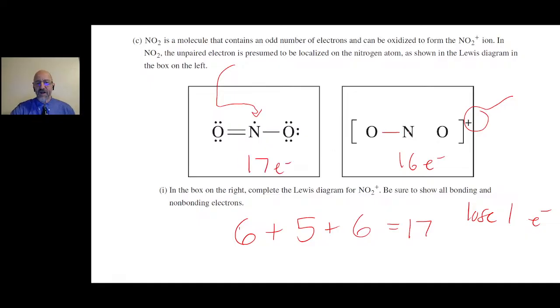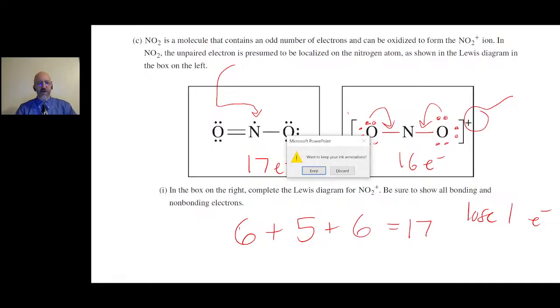Let's start with single bonds. 2, 4, 6, 8, 10, 12, 14, 16. I just ran out of dots, but the nitrogen doesn't have a complete octet. I'm going to go ahead and turn that into 2 double bonds, kind of like carbon dioxide would have that same structure.